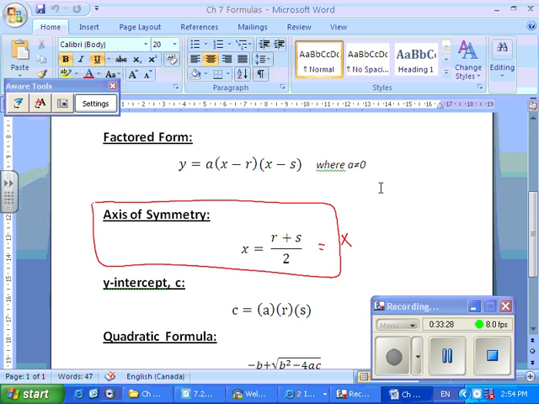So this is also the same as x1 plus x2 over 2. So your axis of symmetry, x equals some number. Well, that number is going to be an average between 2 points that are across from each other. And you're looking at the x coordinates of those 2 points.